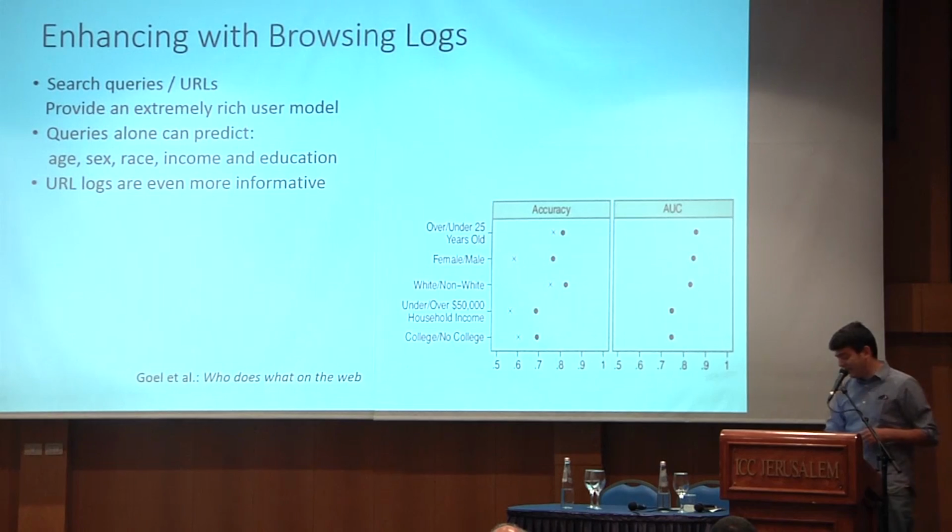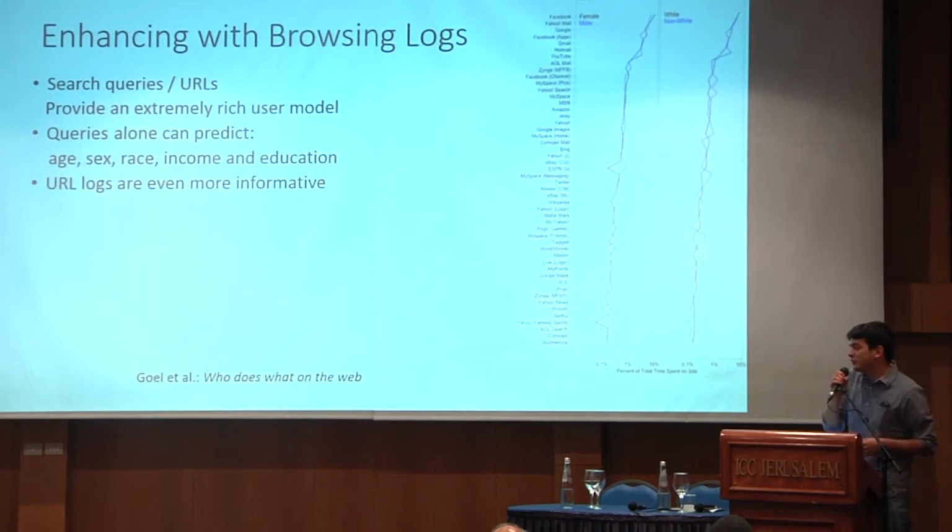And that's just an illustration that the URLs have a much richer semantic description. So here we see many popular sites on the web, and we see the frequency of visits according to various demographic variables. So I don't know if you can see this, but for instance, sports sites are frequented much less by females than they are by males.